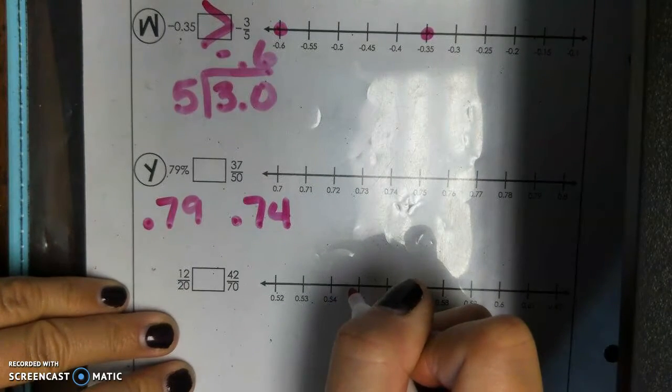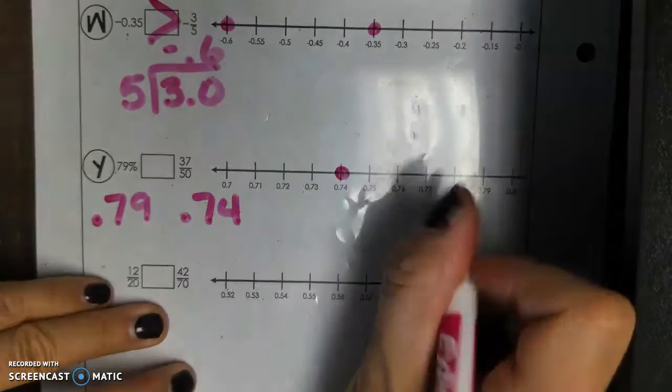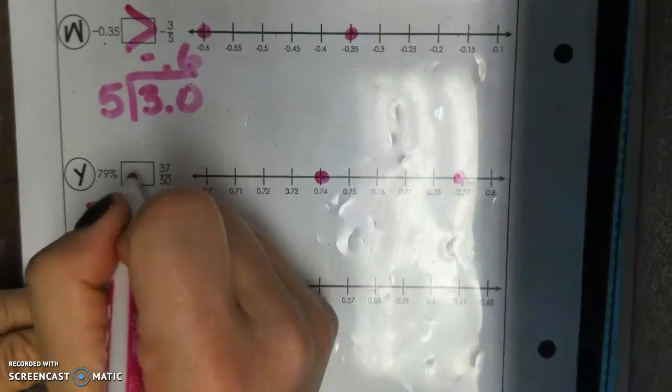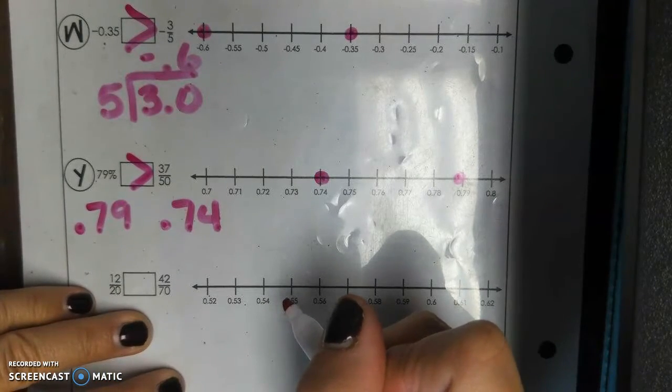Sorry about that. Okay, so 79/100ths compared to 74/100ths. Plot 74/100ths, plot 79/100ths. It's pretty easy to see that 79/100ths is going to be greater than 74/100ths.